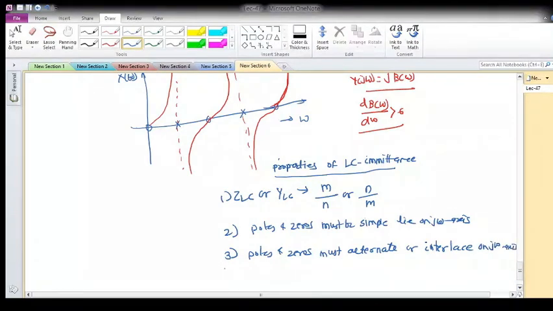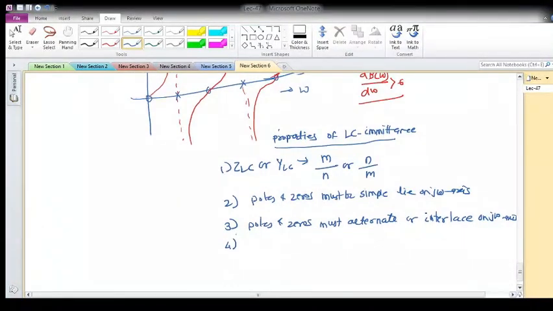This is also important. Then the fourth property is that the highest power of the numerator, let's say m1, and the highest power of the denominator must differ by 1. Similarly the lowest power of the numerator and the lowest power of the denominator must differ by 1, meaning the degree of the numerator must be equal to the degree of the denominator plus 1 for the higher order as well as for the lower order also.